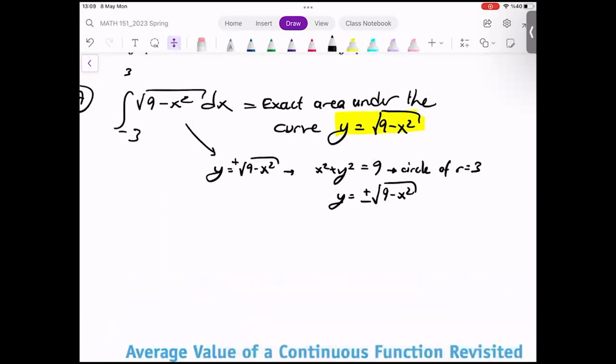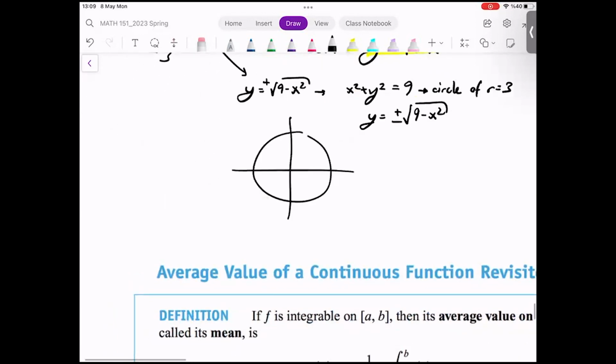Let's first draw the circle of radius 3 like this. As you see, this circle has two parts, upper half and the lower half. Over this upper half, you should notice that all the y components of the points are positive.